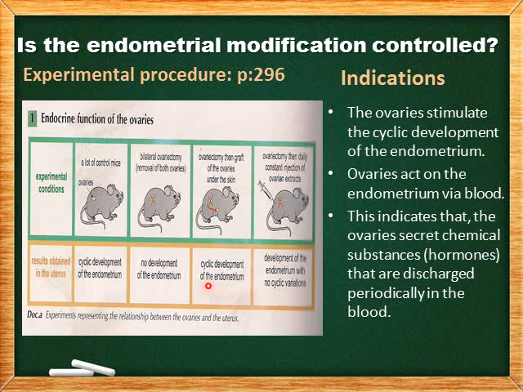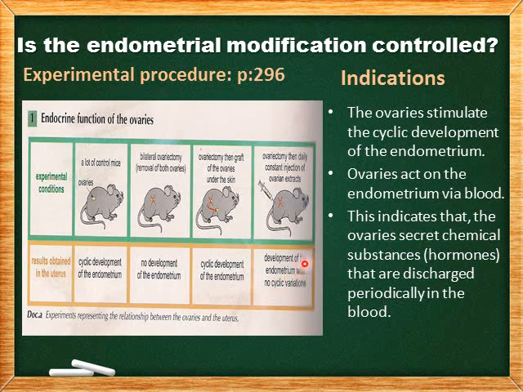This means that the ovaries act on the endometrium, but the location is not necessary, so it acts via blood. Moreover, when the ovaries are ablated but an ovarian extract is injected, meaning the juice taken from the ovary, there is development of the endometrium similar to lot 1, but in contrast, without any cyclic variation.